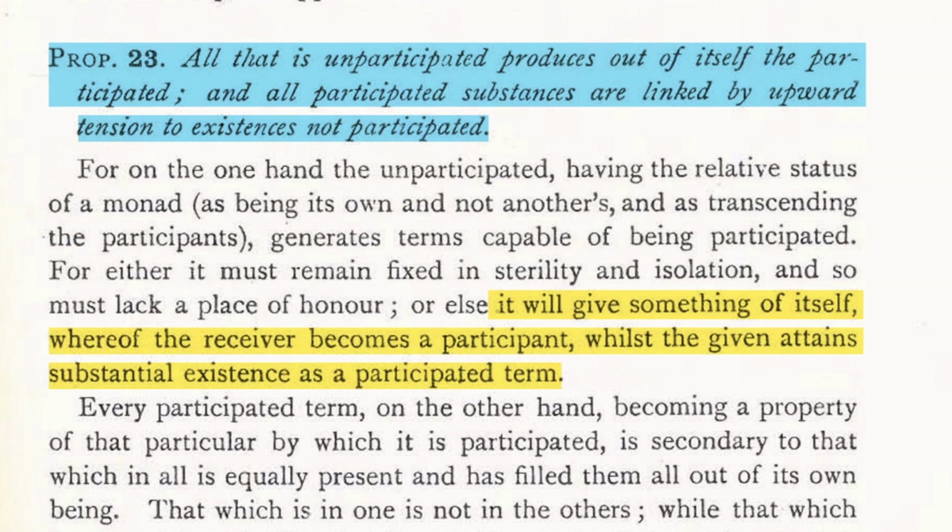And then in explaining this, Proclus tells us that either it would have to remain fixed in sterility and isolation, or it would have to give something of itself, whereof the receiver becomes a participant, while the given attains substantial existence as a participated term.